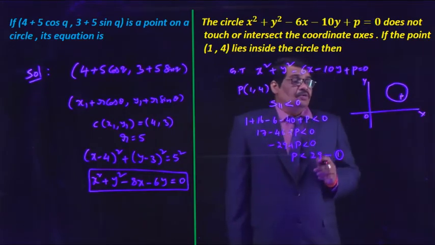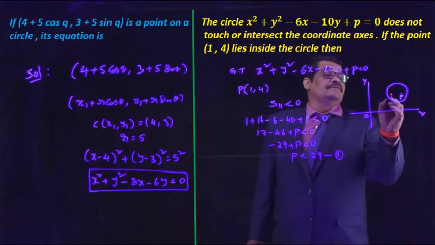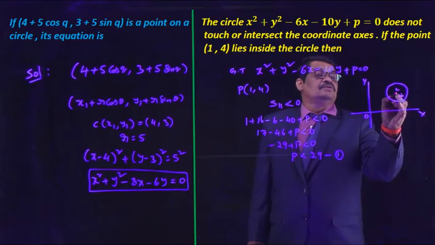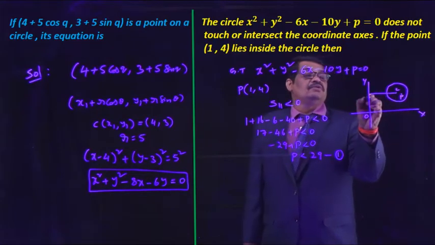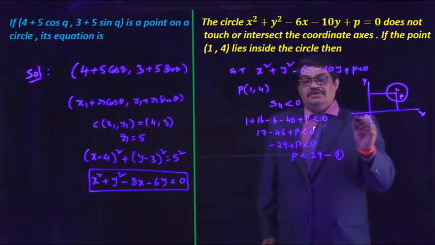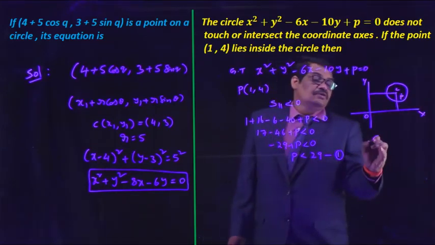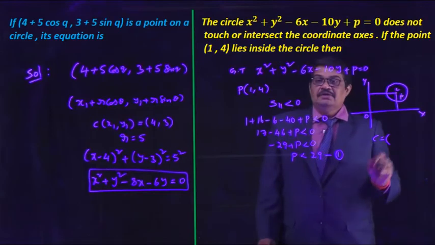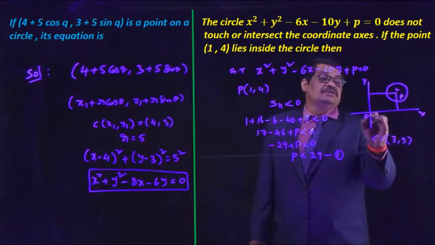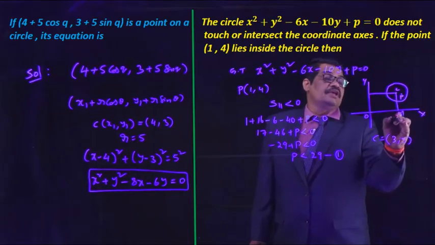Next, another condition. This is the y-axis, and this is the center of the circle. Draw a line from the center to the y-axis. What are the coordinates of the center of this given circle? That is 3 comma 5. So the distance, say m, is 3 units.